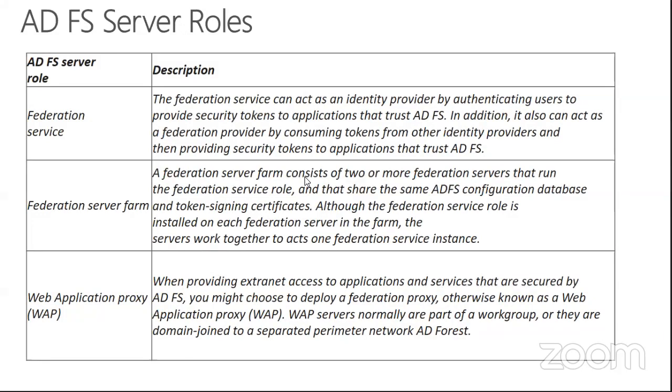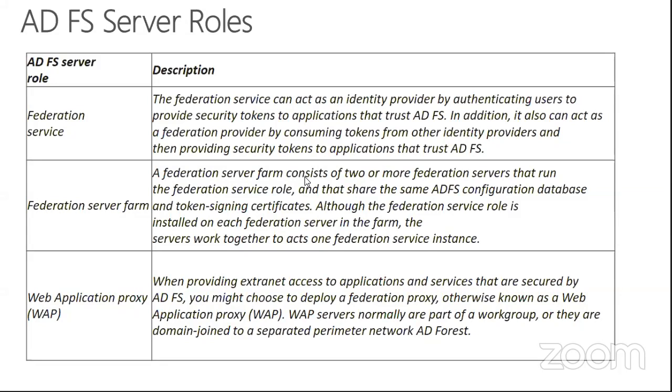Then you have a web application proxy, a web server that you deploy in a DMZ, because this is the component that provides extranet access to applications. It relays the communication from the outside network back to your local Active Directory environment, and processes incoming requests without breaching the DMZ boundary.